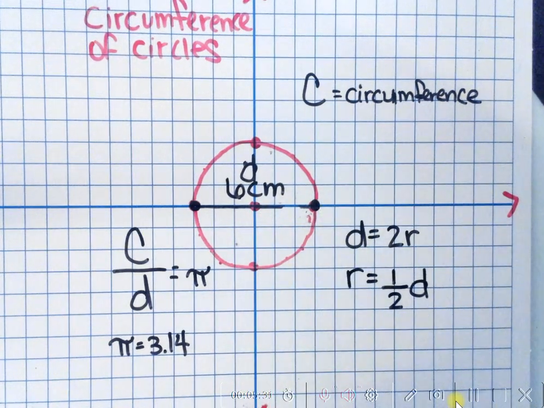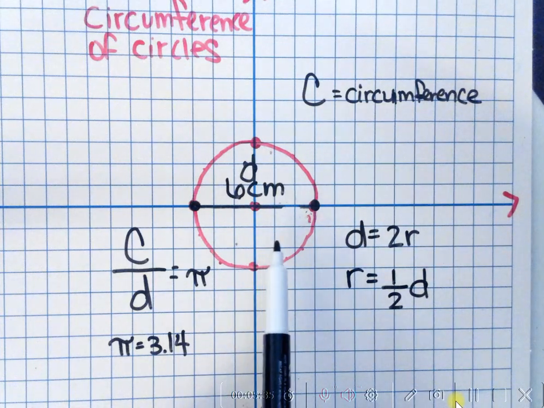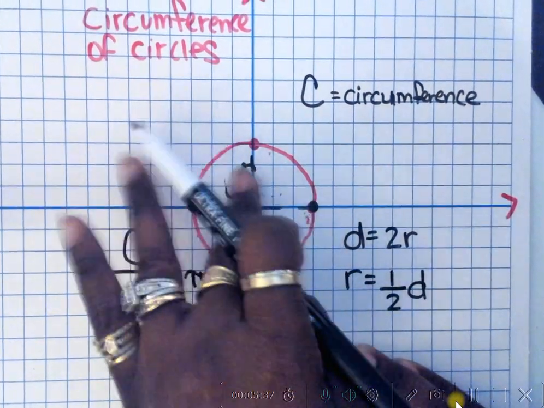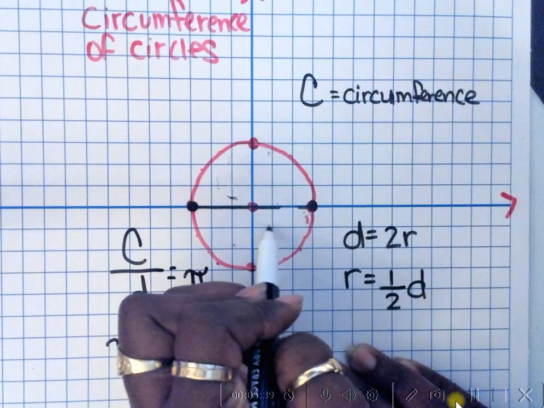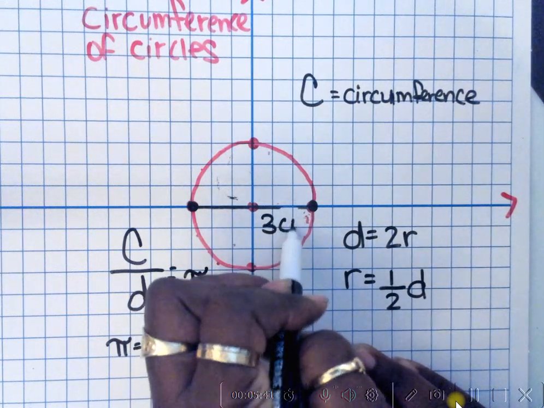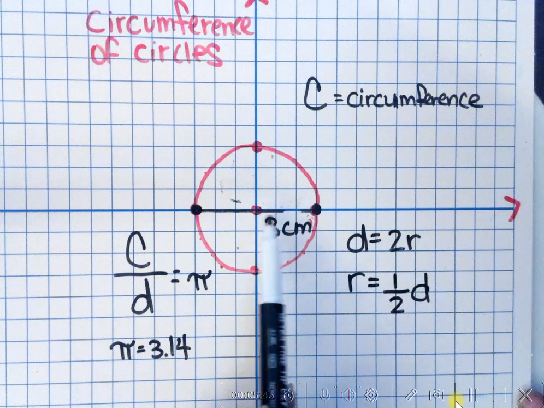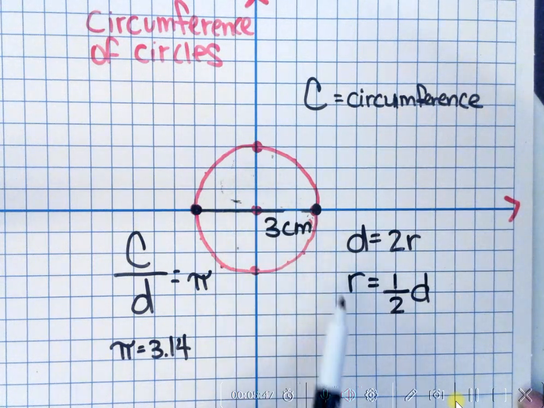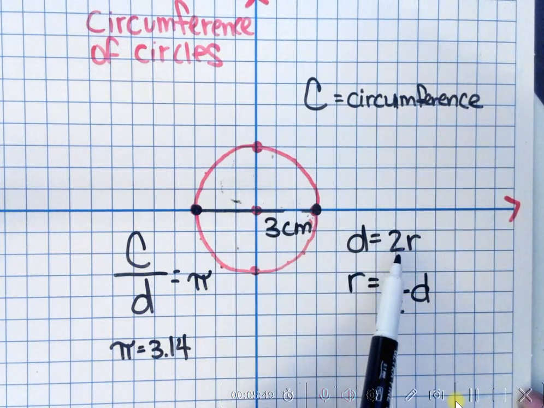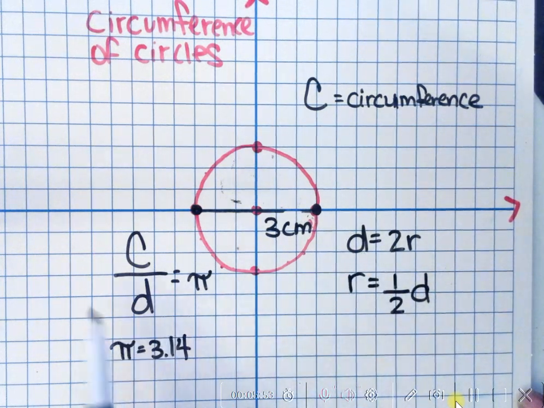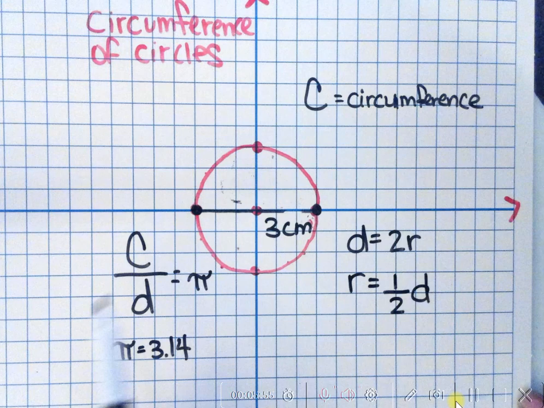Remember, if we don't know the diameter, because let's say they give us the radius, then we can still find the diameter by using the radius, because twice the radius is the same thing as the diameter. The radius multiplied by 2 gives you the diameter. So either way, we'll be able to figure out what our circumference is in the upcoming examples that we're going to be working on.